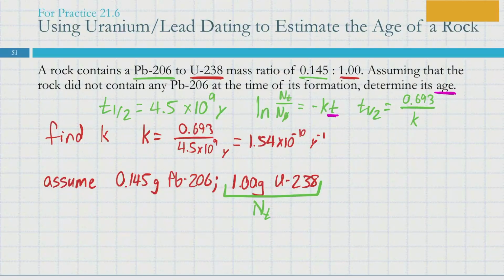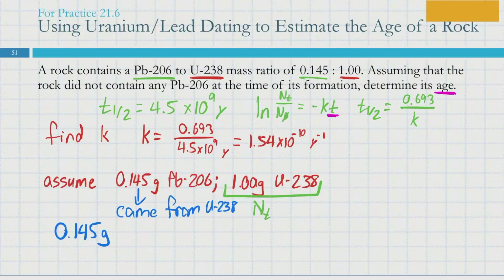To find out the initial amount that we had, we're going to use this 0.145 grams of lead-206. This came from uranium-238. How much uranium-238 in terms of mass would that have been initially? It's the question we're trying to ask.